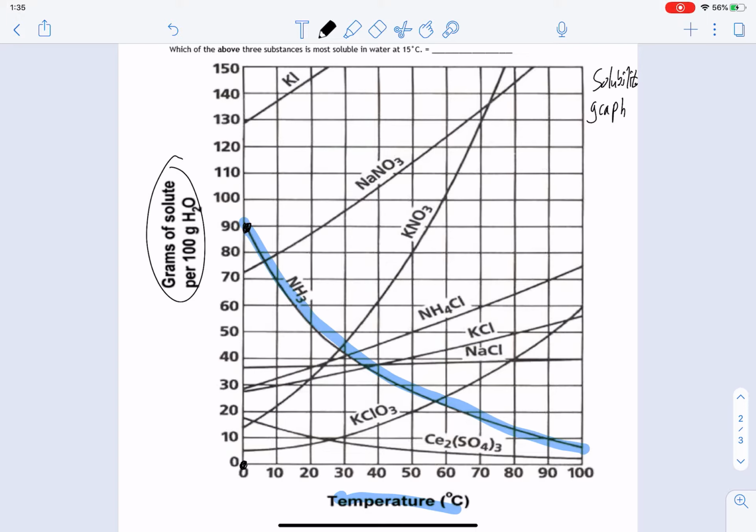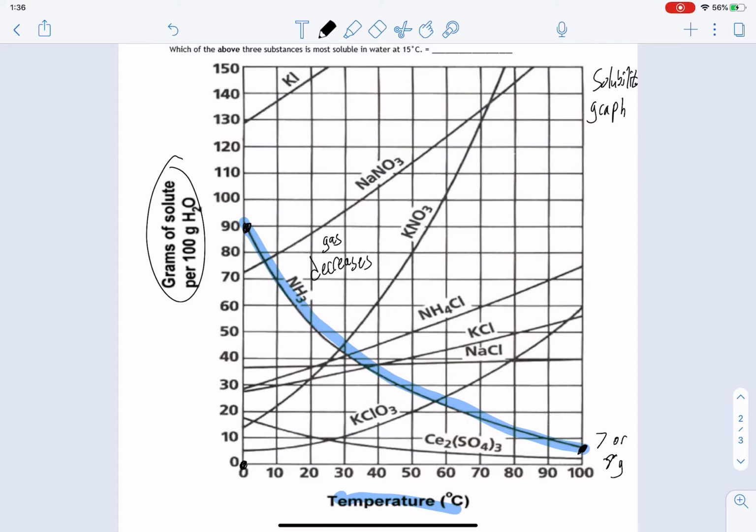But as we increase the temperature, we get something closer to around 7 or 8 grams of NH3, meaning only 7 or 8 grams can dissolve in 100 grams of water. So here the solubility decreases as we increase the temperature. And it's important to know NH3 is a gas.